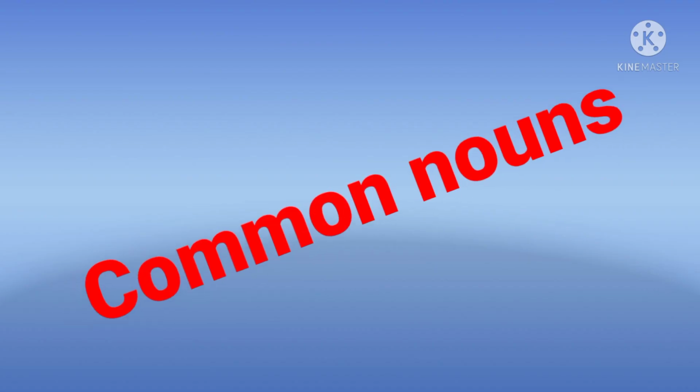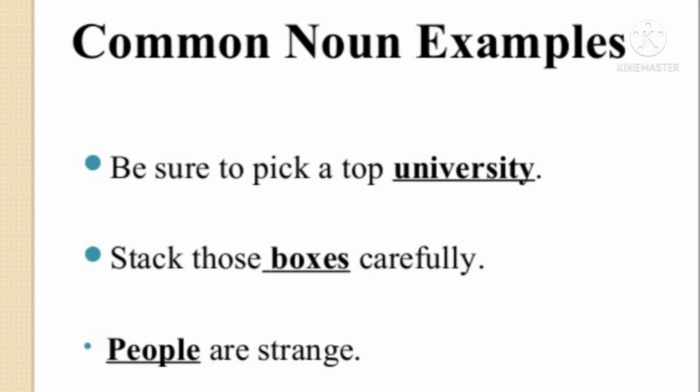The next type of nouns are called common nouns. If you understood what a proper noun is, then it will be clear to you what a common noun is. Common nouns refer to a common person, common object, common thing, etc. Like university. Be sure to pick a top university. University can mean any of the universities. So it is a common noun, whereas Calicut University is a proper noun.